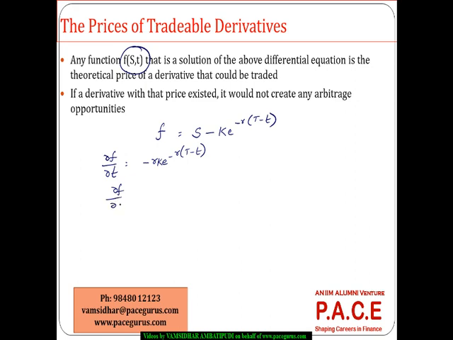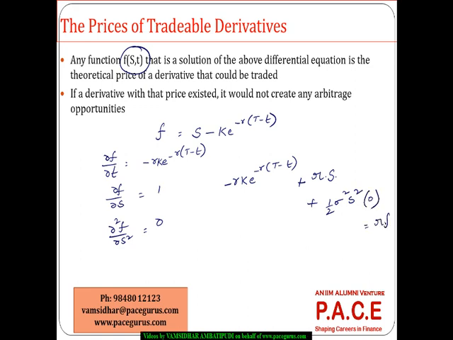Similarly, if I am doing ∂f/∂s, it is coming out to 1, and if I am doing ∂²f/∂s², it's coming out to 0. Now I can very well substitute in that earlier formula. So now I will substitute ∂f/∂t, which is minus r K e^(-r(T-t)), plus r s times ∂f/∂s, which is 1, plus half σ²s² times ∂²f/∂s², which is 0.